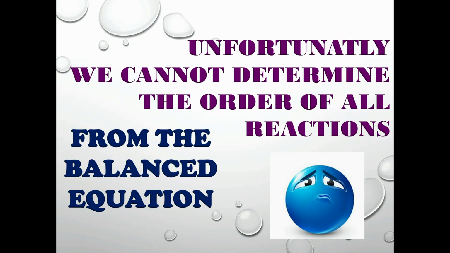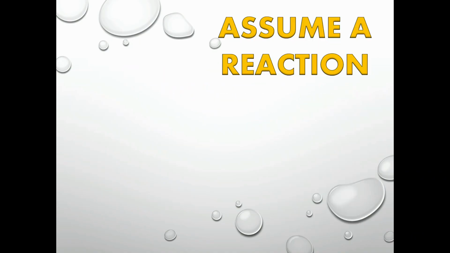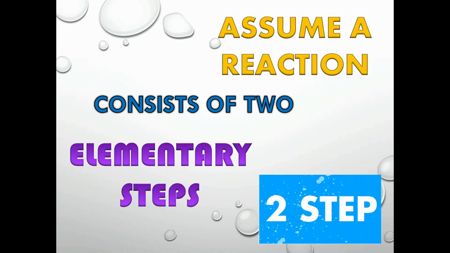How are the molecules banging together in each step? So we're going to assume a reaction consists of two elementary steps. It can do more. I told you last week that one of the ones that I have upstairs in the lab actually takes 12 steps. I have another one that takes 7. But we're going to stick right now with 2 steps.